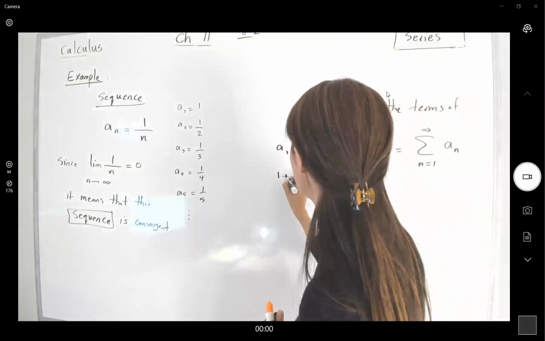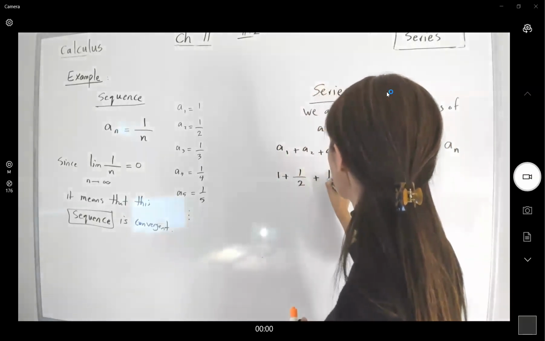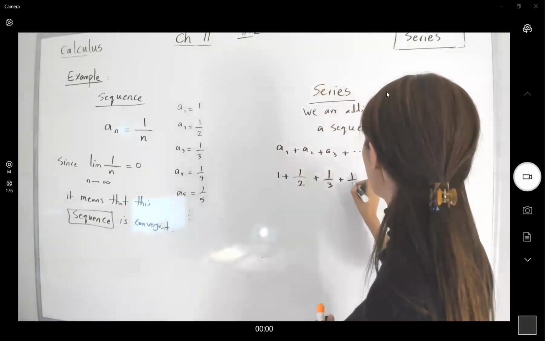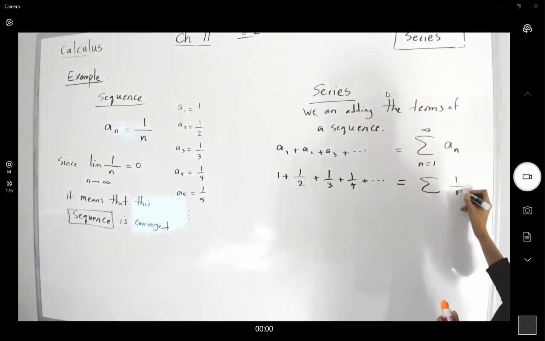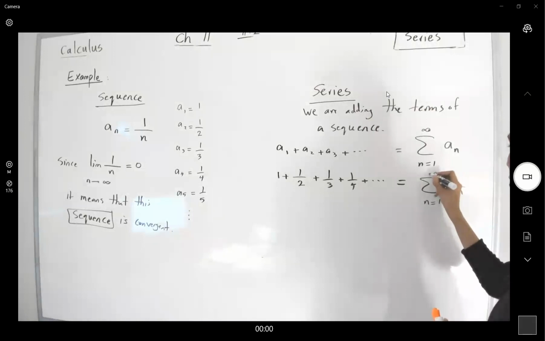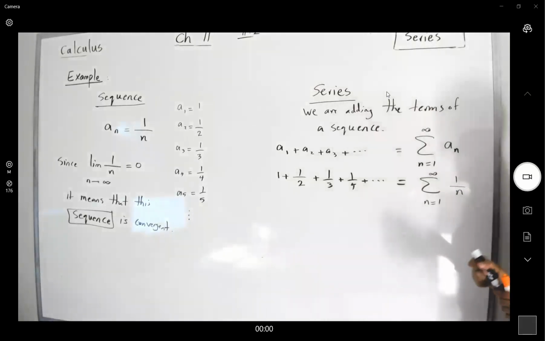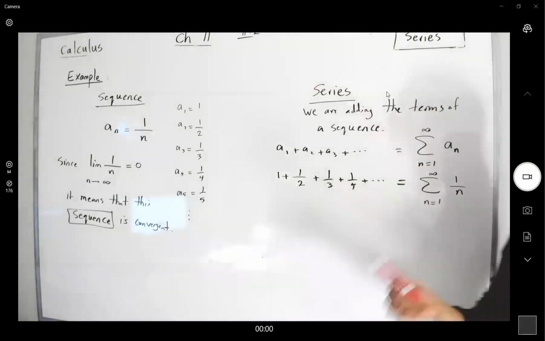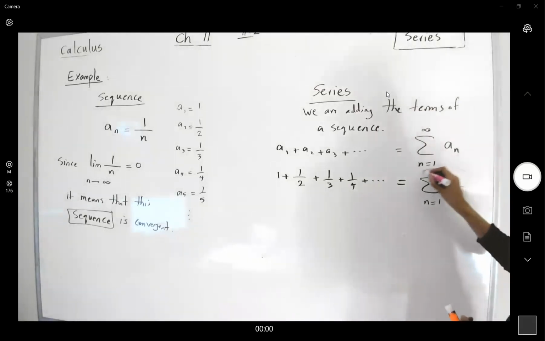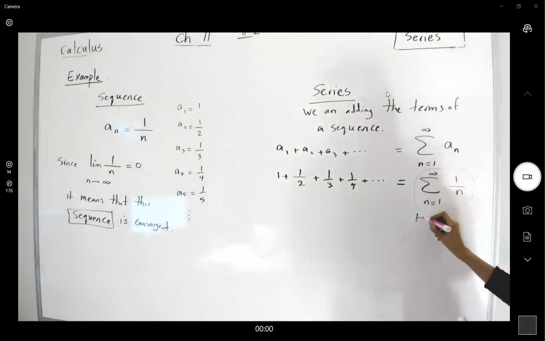So it is 1 plus a half plus a third plus a fourth plus the rest of the terms, which is the summation of 1 over n, n starts from 1 to infinity. By the way, the name of this series is the harmonic series. This is a very famous series, the harmonic series.